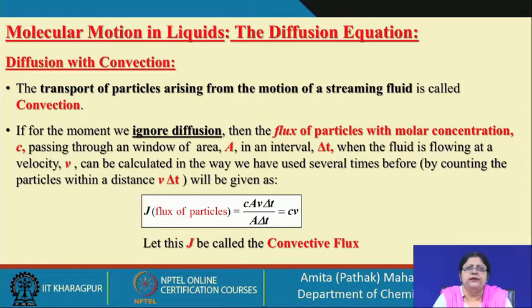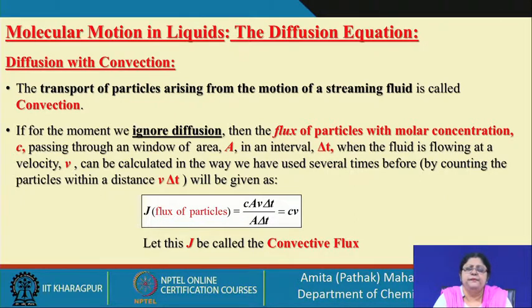That means it has a convection current associated, and for that movement we ignore the diffusion. Now, the flux of particles with molar concentration C passing through a window A in time interval delta t, when the fluid is moving with velocity v, can be calculated as we have done several times before.